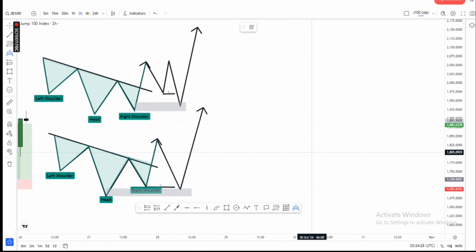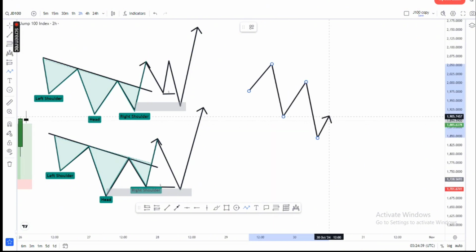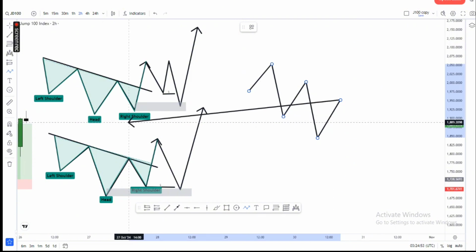Now remember for the head and shoulder, let me first draw a trend. Let's say we have a trend like this. Price is bearish. This is an inverse head and shoulder, sorry.